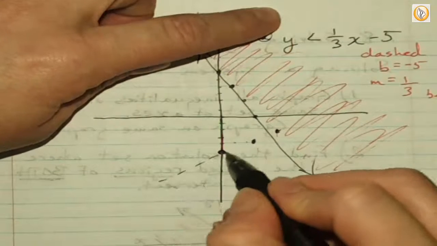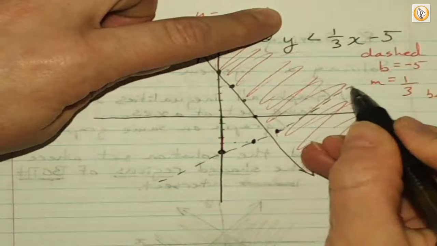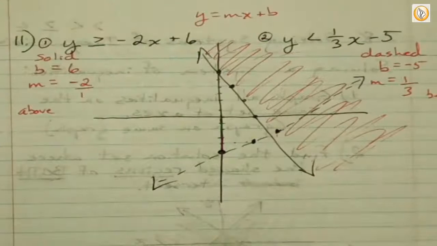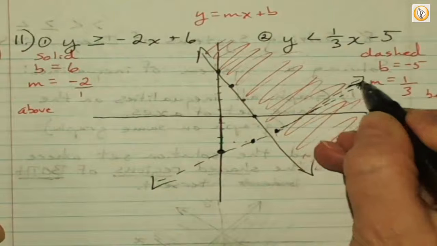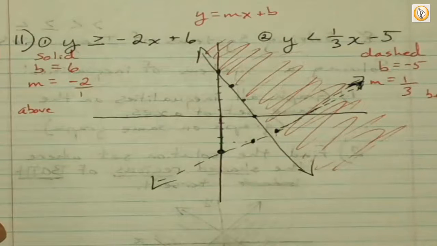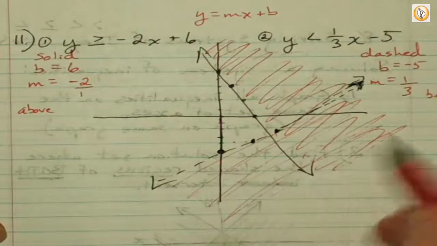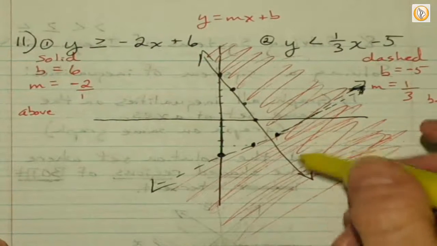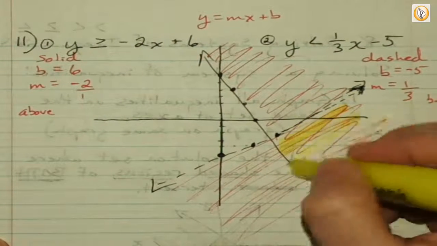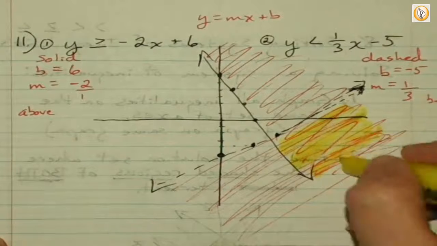And it's a dashed line. Mine's not straight. It doesn't matter. You're getting the idea. And it is shading below. So in this case, yours hopefully will look better than mine. This is your answer.